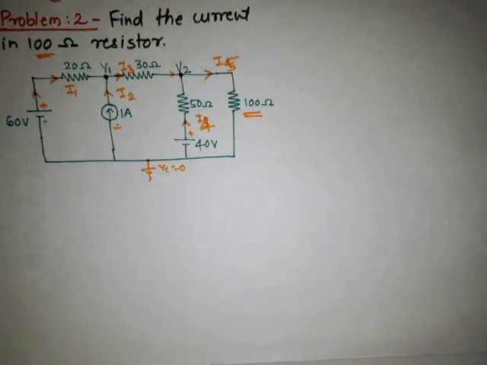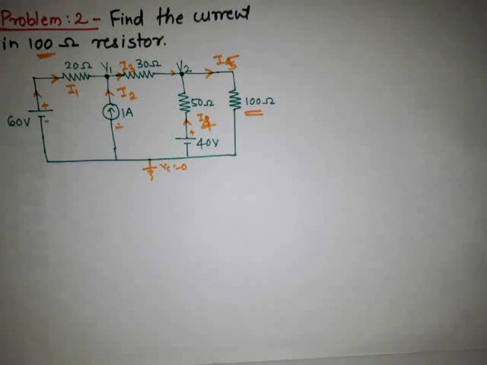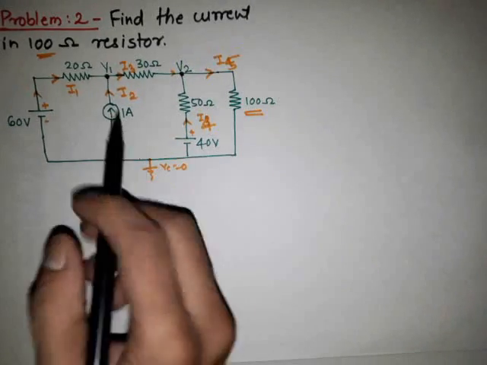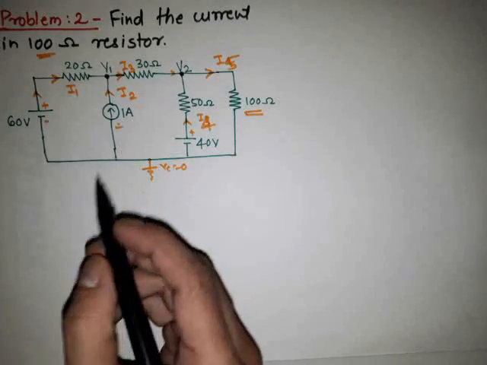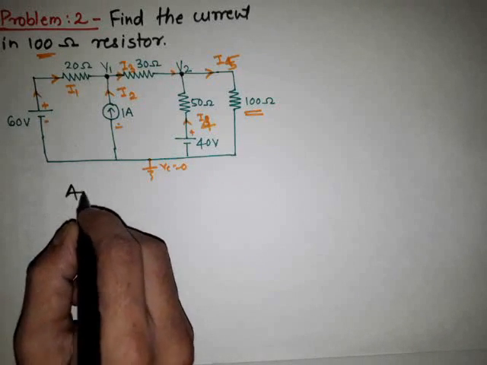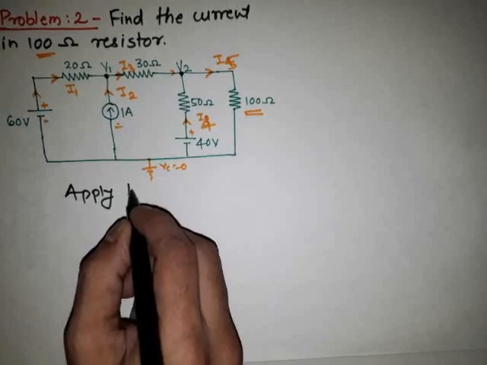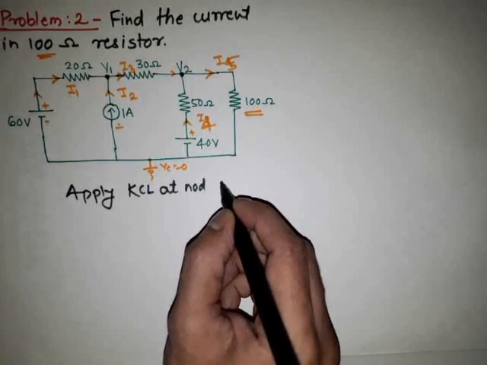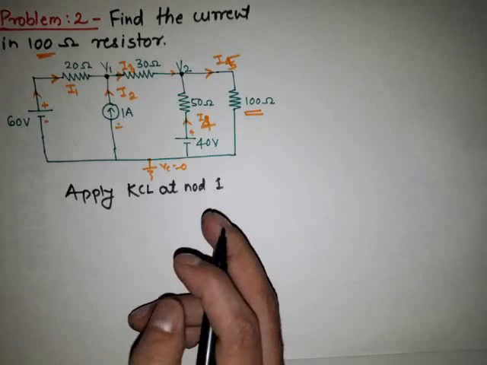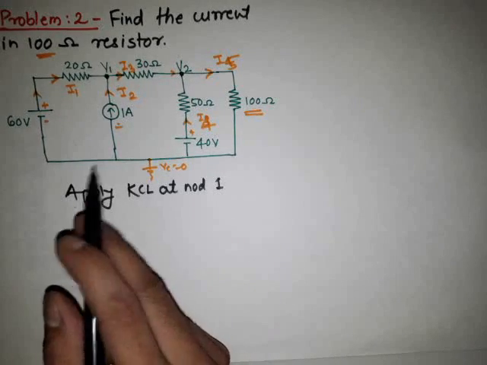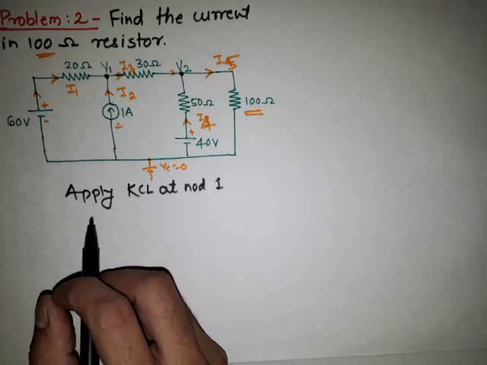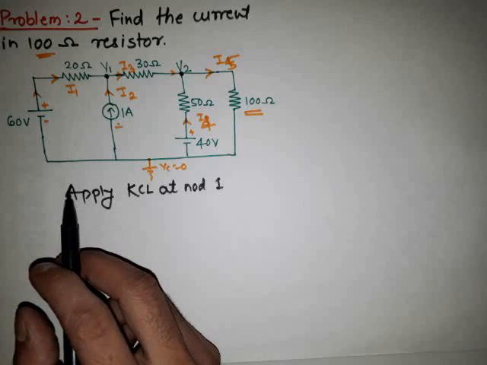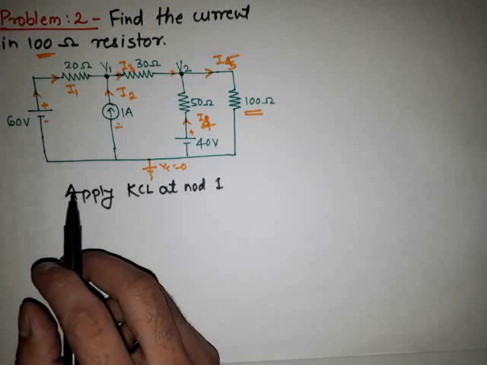Then we apply KCL at the different nodes. The next step is to apply KCL at the different nodes. So first, suppose we are applying KCL at node 1. Similarly, as in the previous example, we consider the incoming currents positive and the outgoing currents negative.